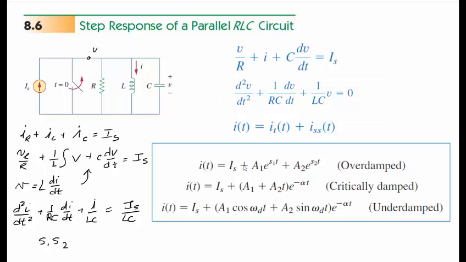The only thing that's different now is the steady state response and the coefficients A1 and A2. But the roots S1 and S2 are the same, so we do our same test of seeing whether the circuit is overdamped, critically damped, or underdamped, and then we apply our initial conditions and get the answers.